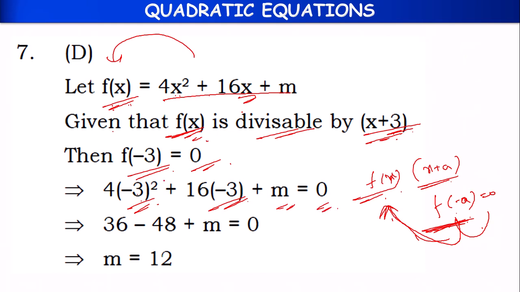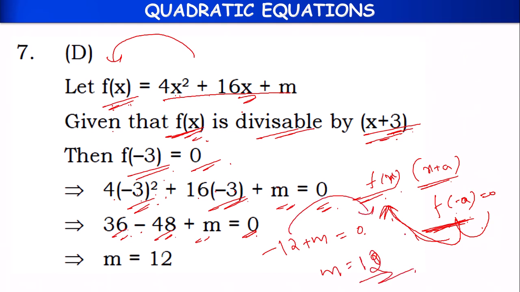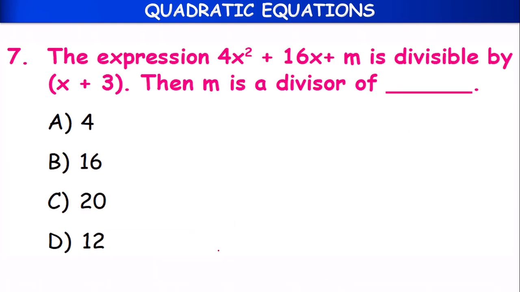Minus 3 whole square means 9. 4 times 9 is 36, plus minus 16 times 3 is 48, plus m equals 0. So 36 minus 48 is minus 12. Minus 12 plus m equal to 0, or m equal to, if minus 12 goes towards the right hand side, it will become plus 12. So m equal to 12, we have got the answer.